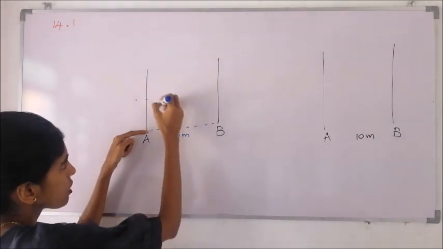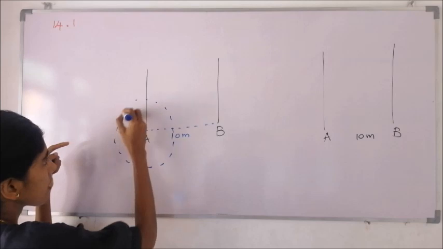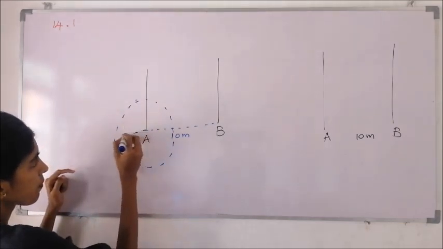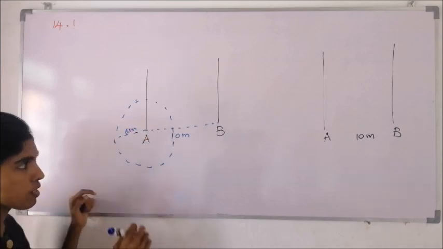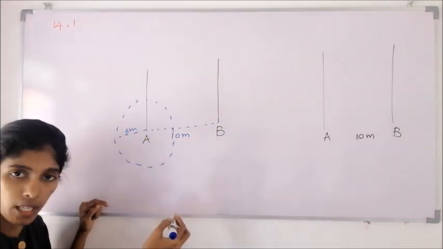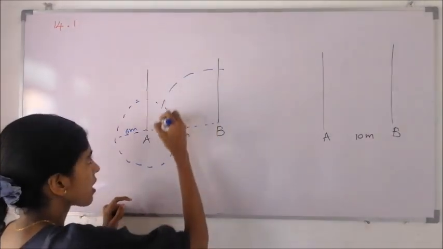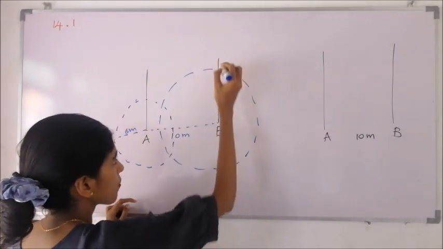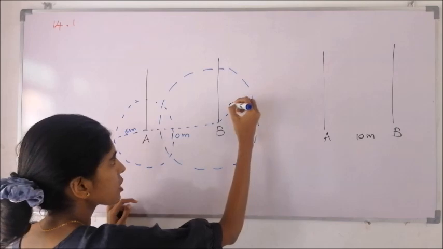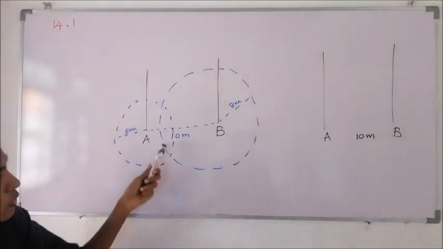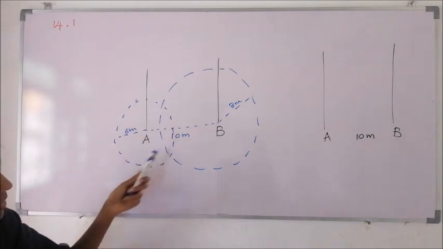Okay, so 6 meters away from A. So I will draw a small circle like this. This is 6 meters away. Then from point B, 8 meters away. From B, 8 means a little bit larger than the previous one. So that is 8 meters away. So we can see 2 points are located.